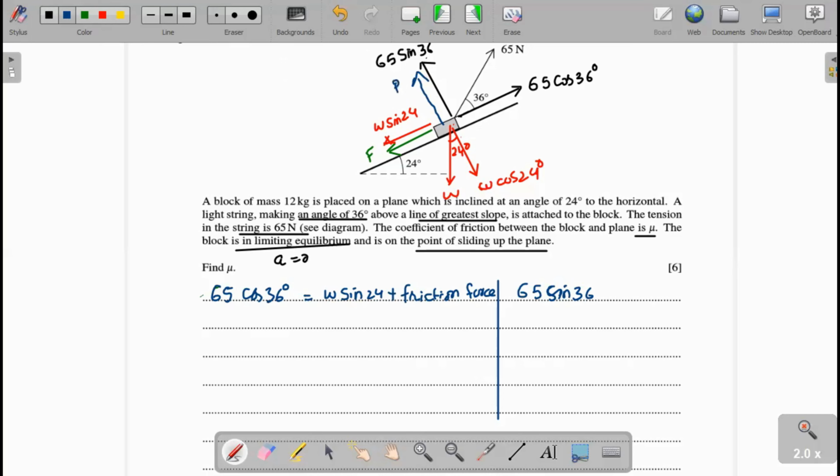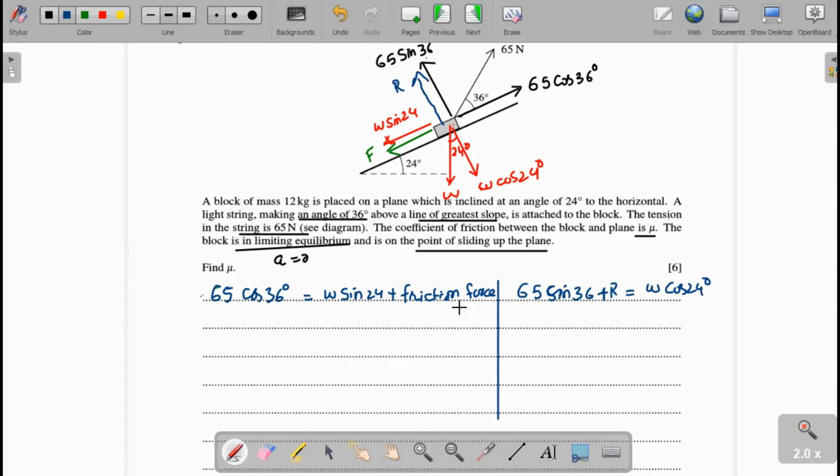So upward, we have 65 sine 36 plus R. The force acting in the downward direction perpendicular to the surface is W cos 24 degree. Because the block is in limiting equilibrium, the forces on the left side will be equal to the right side, and the upward force is equal to the downward force.